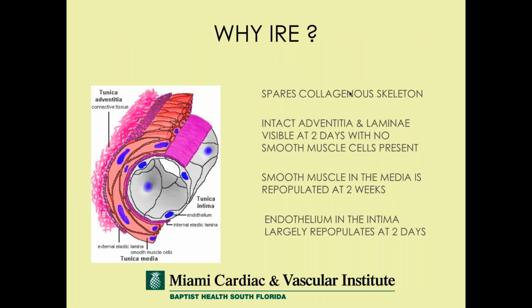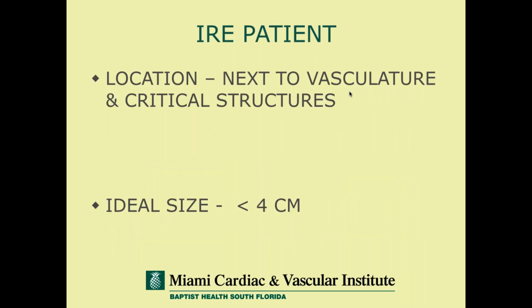I think what we like about IRE is that it keeps the collagenous skeleton in the tissues intact. It does cause cell death, but keeps the exoskeleton intact. So again, this has been helpful in certain structures.